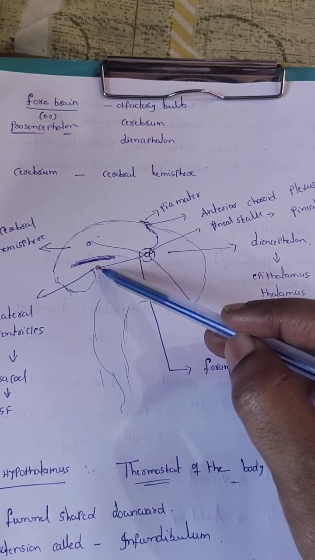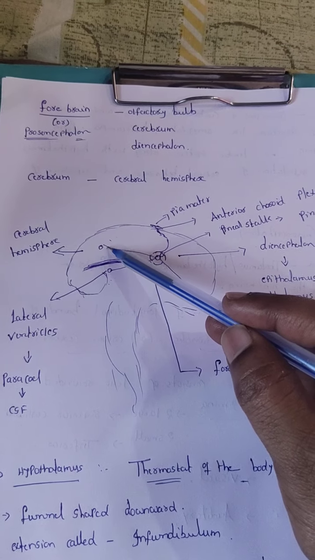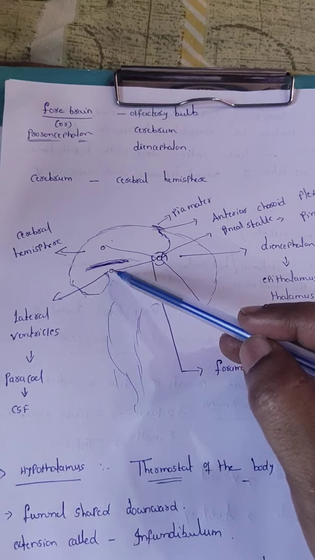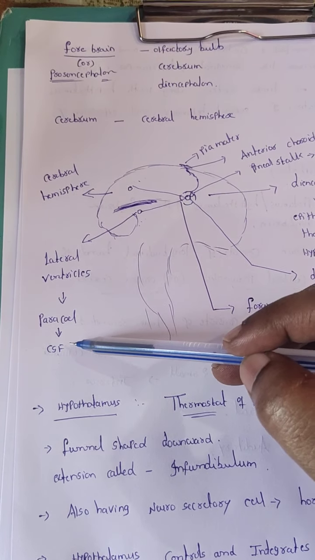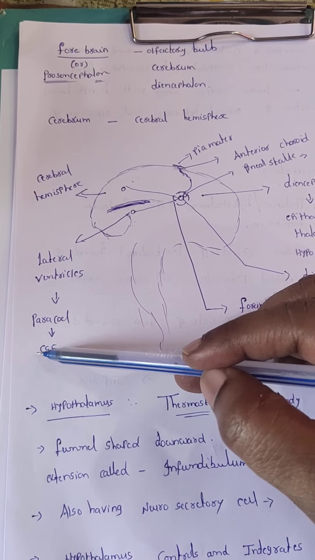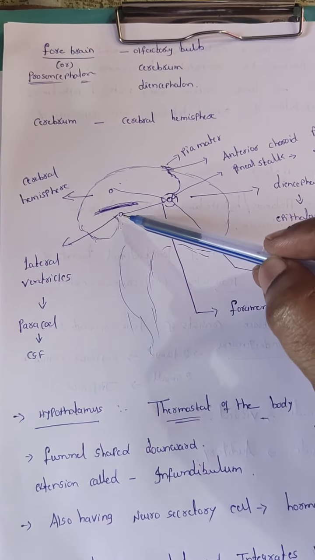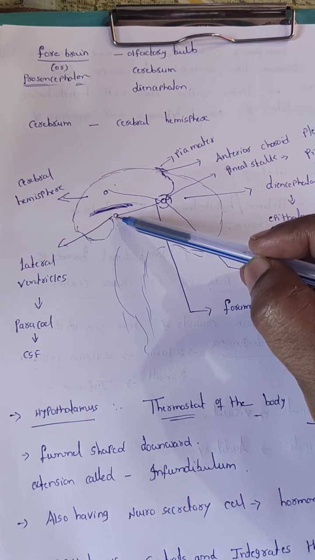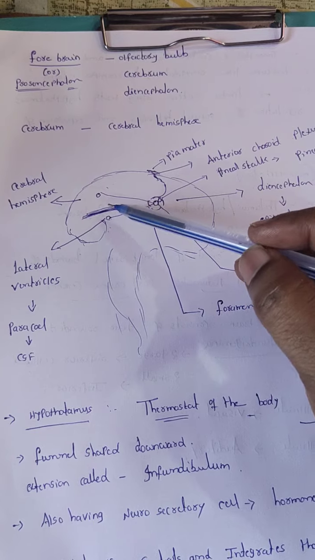Ventricles means fluid-filled cavities. These two lateral ventricles are called paracoele. This paracoele is filled with what fluid? Cerebrospinal fluid. The ventricles are lined by columnar ciliated epithelial cells.